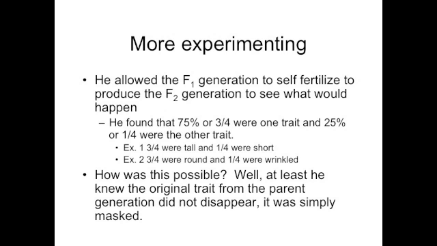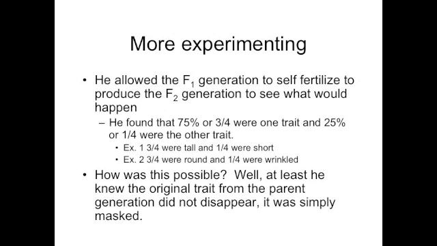For example, when he crossed an F1 generation tall plant with another F1 generation tall plant, the results were that 3/4 were tall and 1/4 were short. Or if he crossed a round pea plant with another round pea plant from the F1 generation, 3/4 were round and 1/4 were wrinkled.